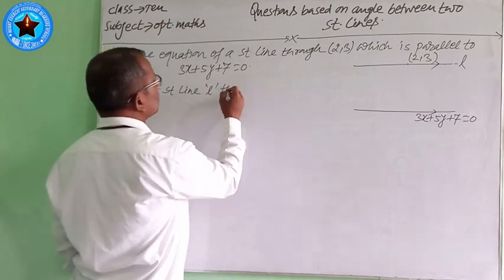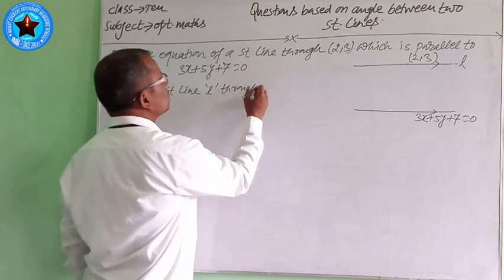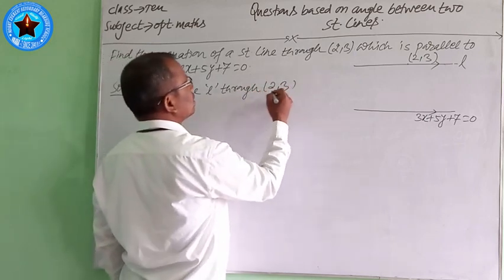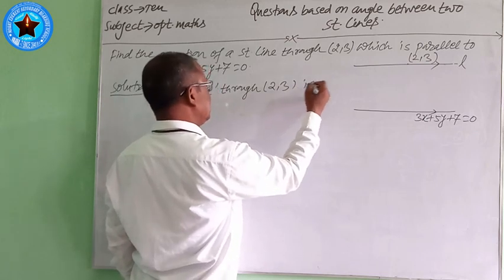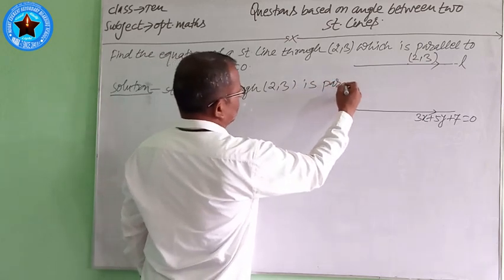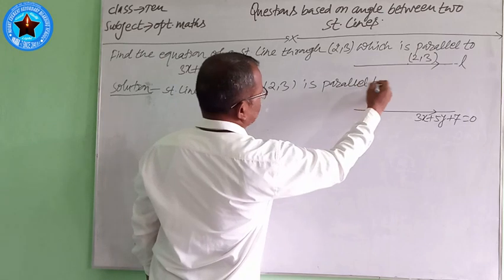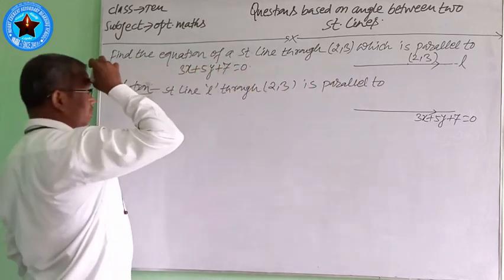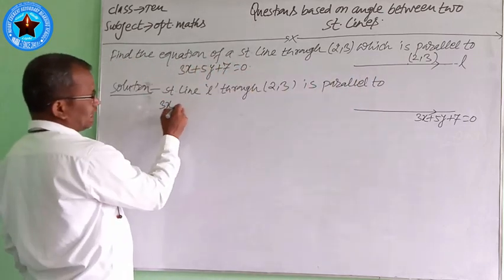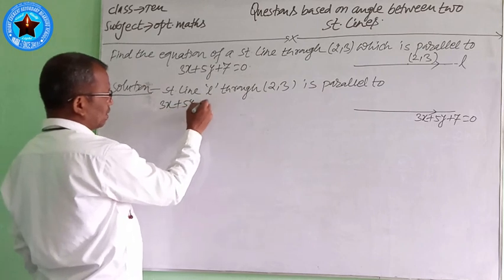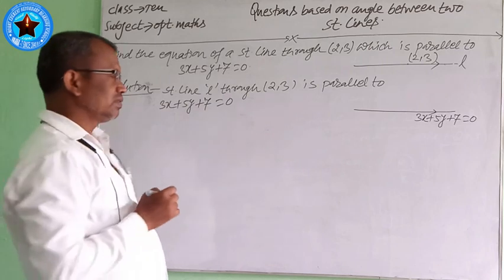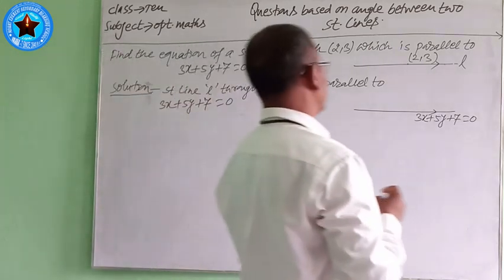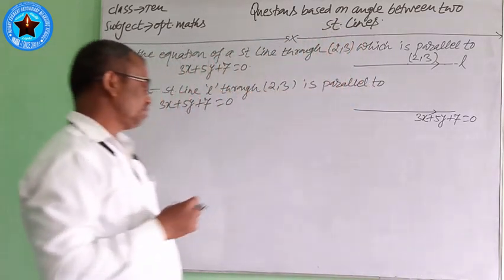A straight line L through (2, 3) is parallel to 3x plus 5y plus 7 equals 0.